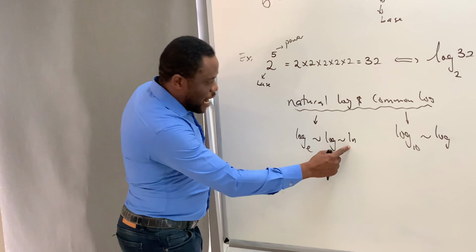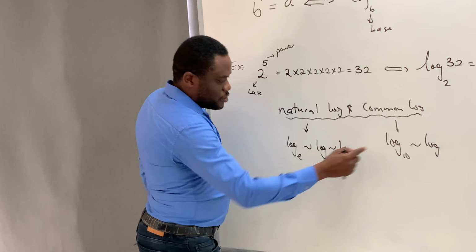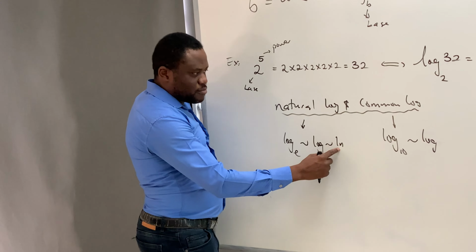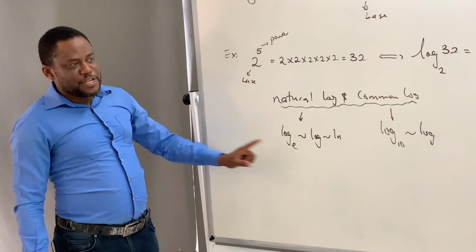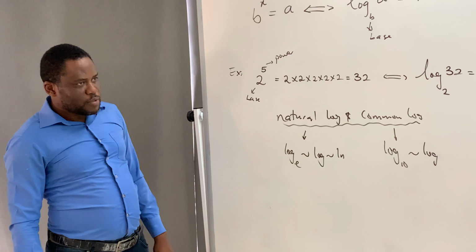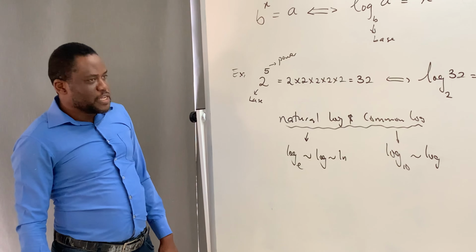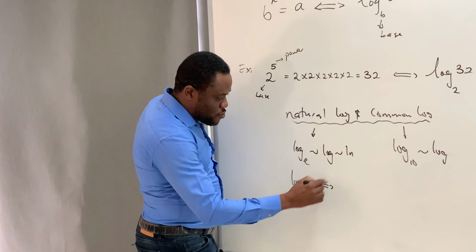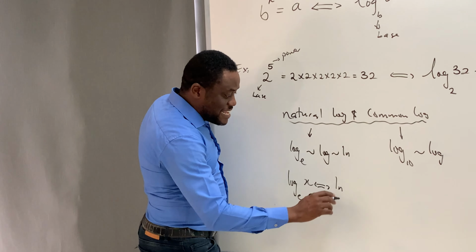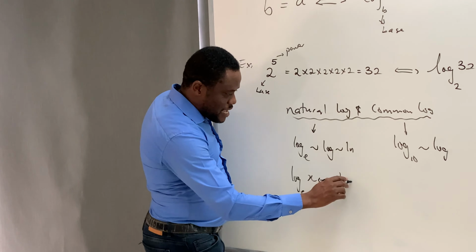So, this guy is natural, and this is the common. And exponent e is what we use. Okay? So please take very good note of this. So if I say log x in base e, what do I mean? Instead of writing this, I can write it as ln x.